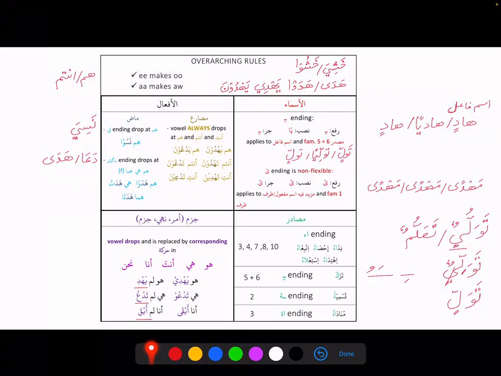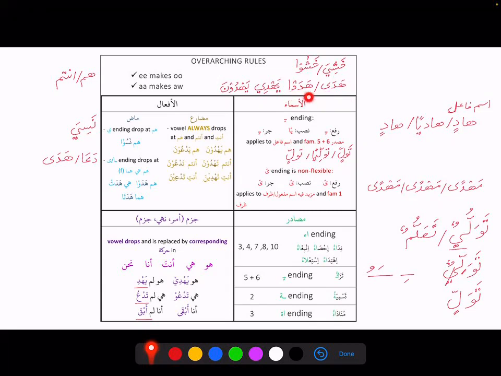That is, I should say, an easy tip to recognize how we are going to conjugate hum and antum. And that is not particular to madi or mudari, rather it can apply to both. So whenever we have an E sound at hum and antum, it will become an oo sound, and if it has an a sound, then hum and antum will become an au sound.